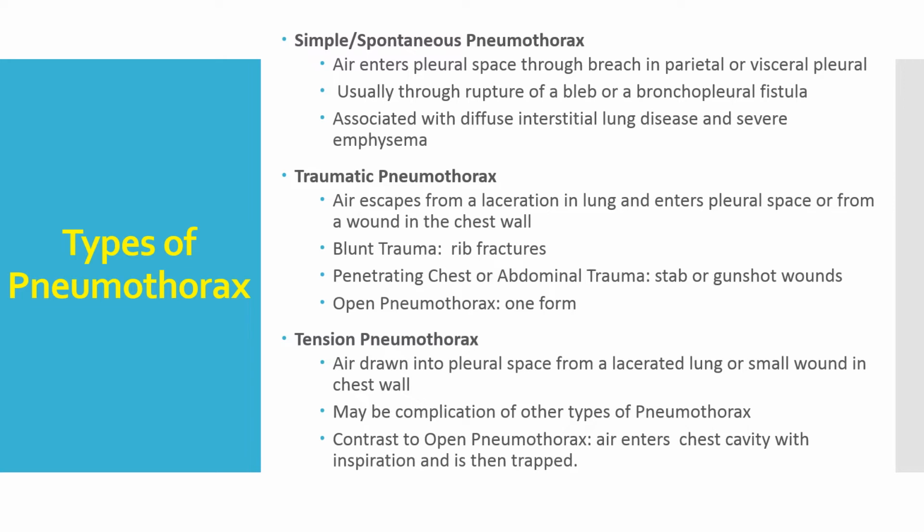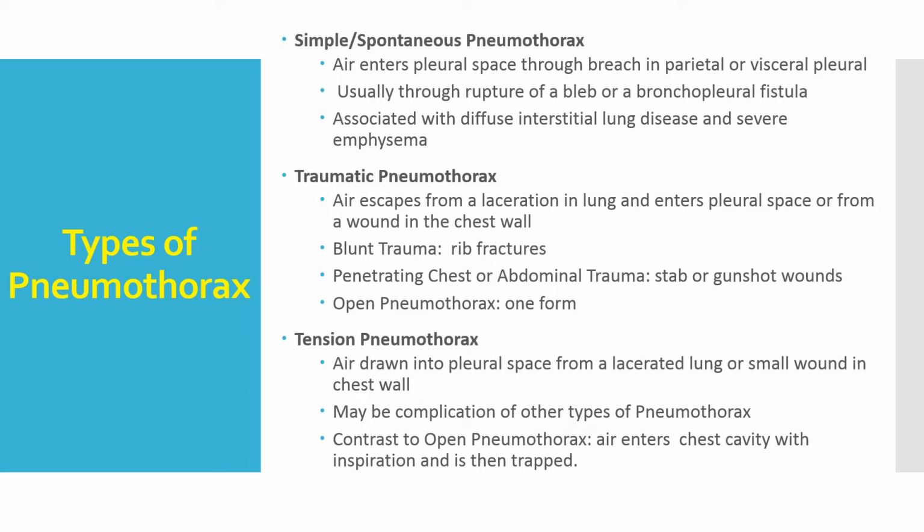For traumatic pneumothorax, it occurs when air escapes from a laceration in the lung and enters the pleural space or from a wound in the chest wall. It occurs with blunt trauma from rib fractures. It occurs from penetrating chest or abdominal trauma, such as stab or gunshot wounds. And an open pneumothorax is one form.